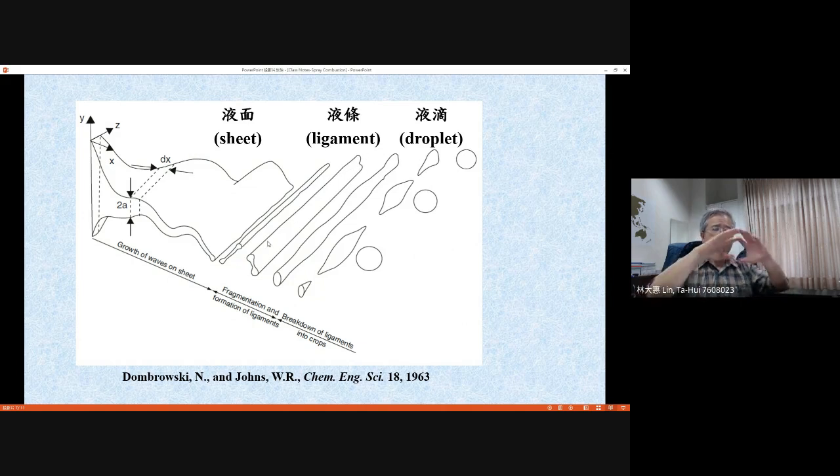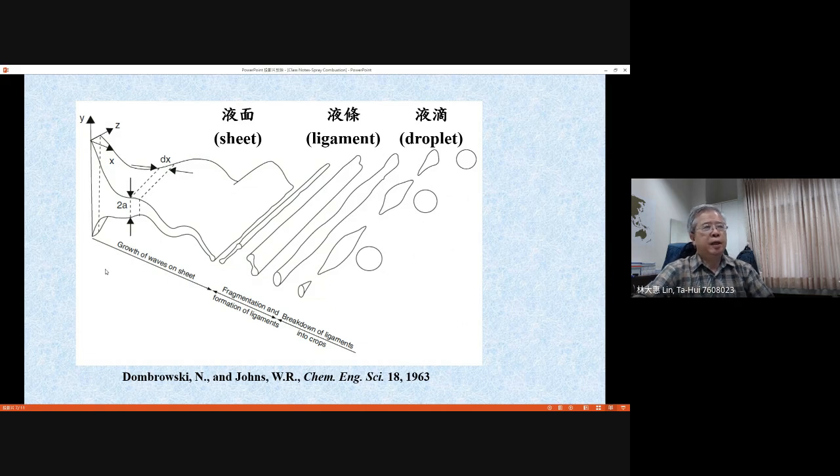In the case of the spray cone, the actual ligament is just like a donut. You can figure out there is wave disturbance on the sheet, and those wave disturbances also occur on the ligament. This ligament has a certain wavelength on it, and this wavelength will further break up the ligament into droplets.